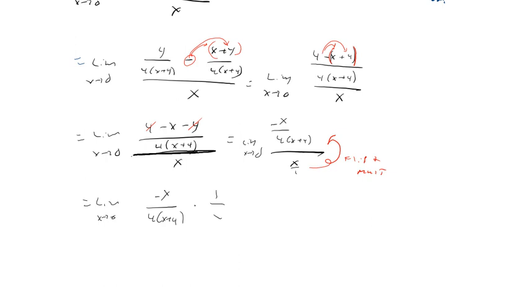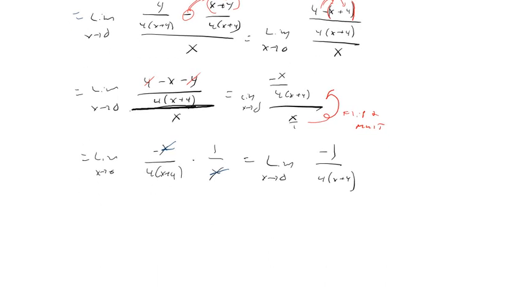There's how we solve our dilemma. Limit, as x approaches 0, of negative 1 over 4 times x plus 4. Now that I've solved it, I can plug in. That's going to equal negative 1 over 4 times 0 plus 4, which is negative 1 over 4 times 4, which is negative 1 over 16. Answer, everybody.